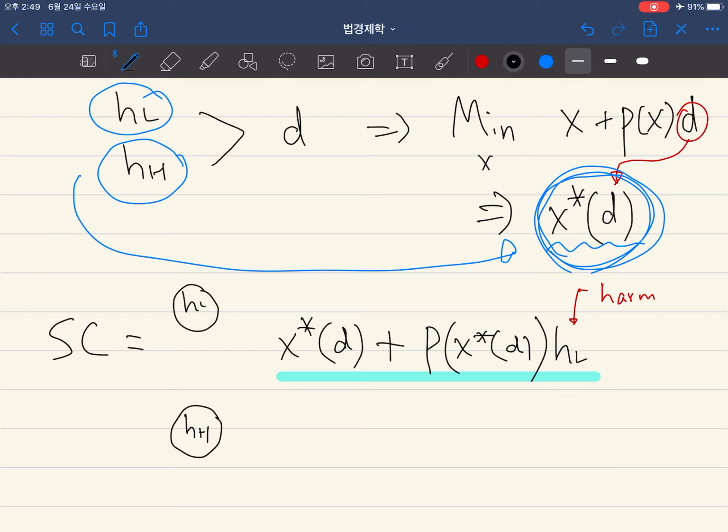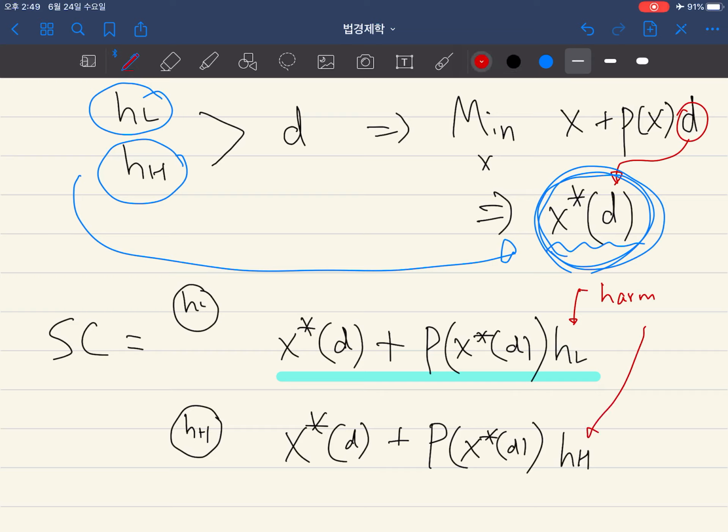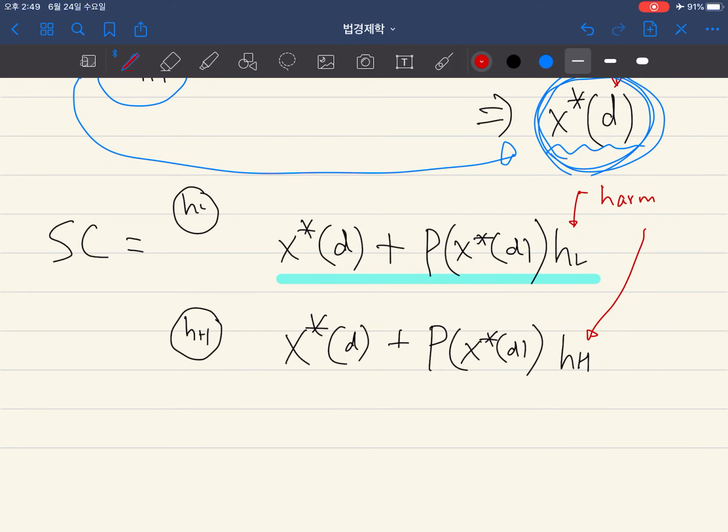If harm is big, then social cost is first the care cost plus, if there is an accident, there is accident cost HH. So again, this is the level of harm on the plaintiff or loss of the plaintiff because of the accident. So the green expression is social cost when harm is big.